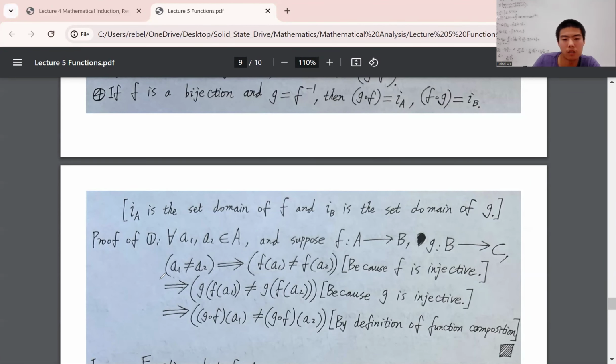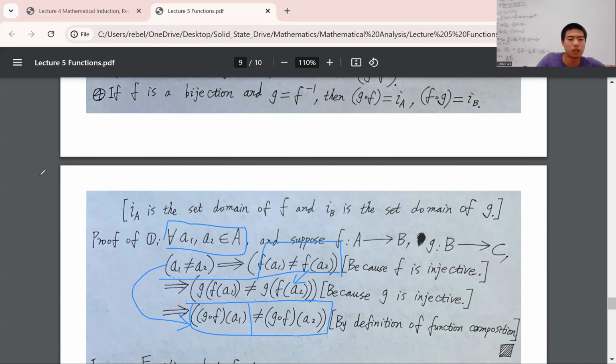Because f is injective, f(a1) is not equal to f(a2). But g is also injective, so if we put g outside, with these as the input elements, then they are still not equal. And this can be rewritten by the definition of function composition. So actually here we proved that if a1 is not equal to a2, then g∘f(a1) is not equal to g∘f(a2) for all a1, a2 in the domain A. So we have proved it.